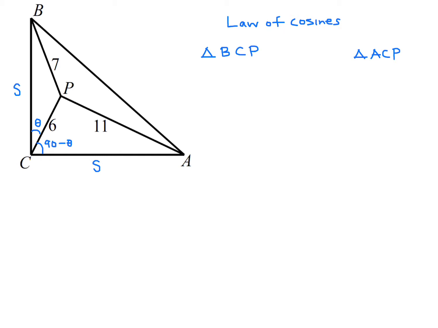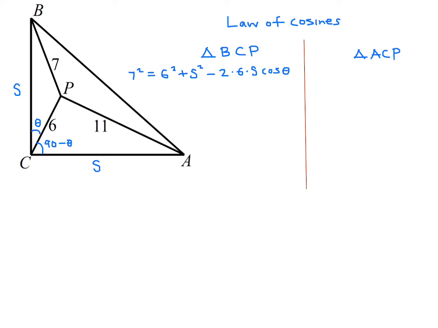So twice I will use the law of cosines, and hopefully when I do, this will make a lot of sense. So here we go, BCP, using this angle. So that would be, for me, 7 squared is equal to 6 squared plus s squared minus 2 times 6 times s cos theta.